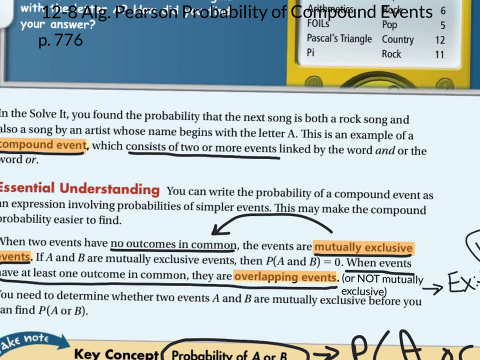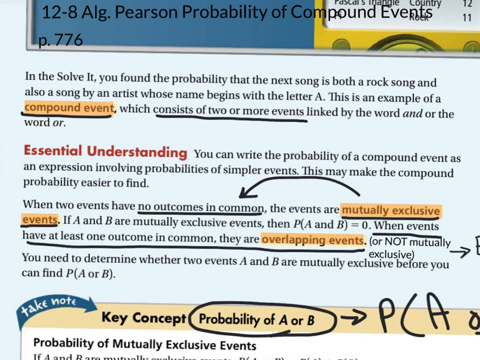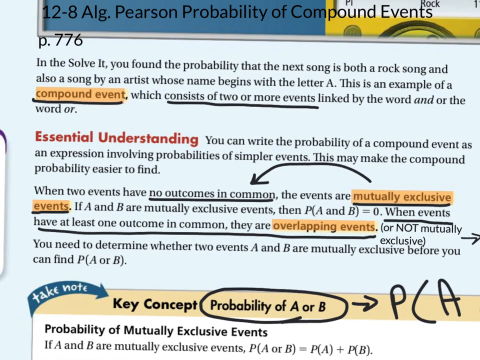Another possibility would be we could have something called overlapping events, or you could call them not mutually exclusive. If they have at least one thing in common, they're overlapping or they're not mutually exclusive.